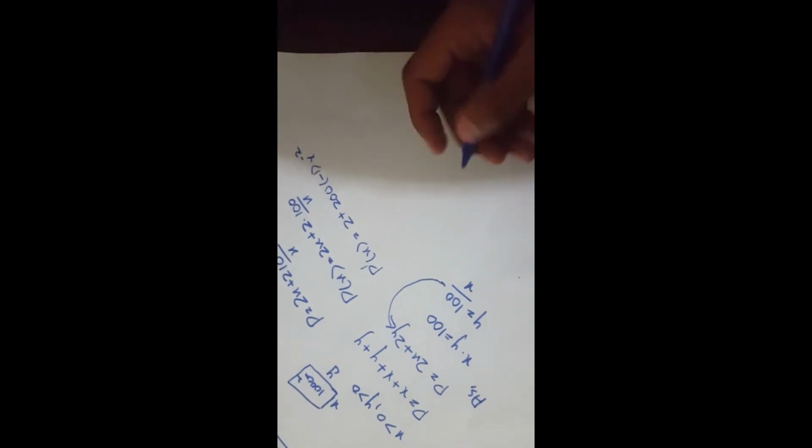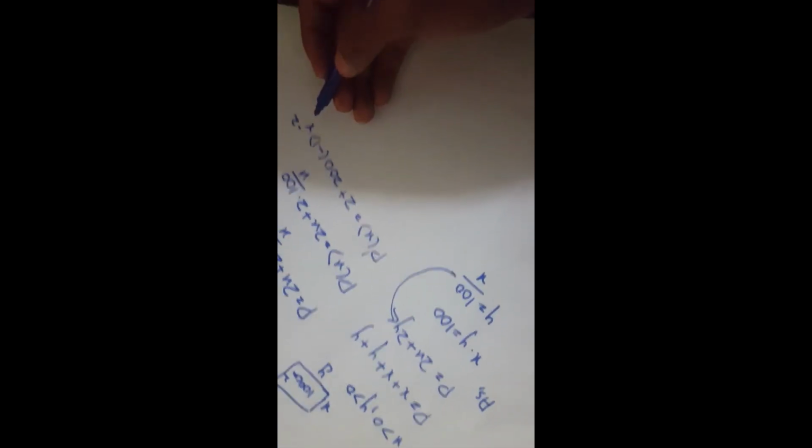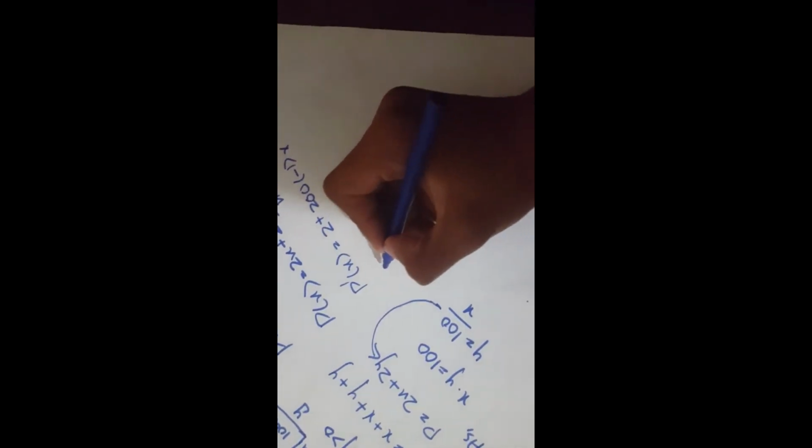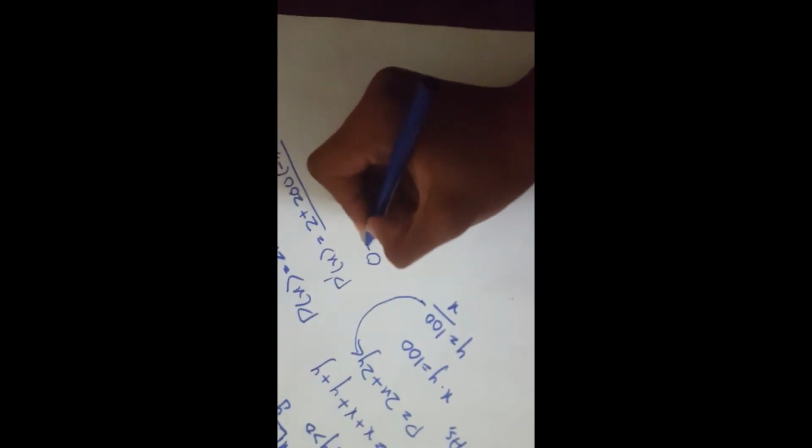Because this is the derivative, now we set this value equal to 0, which is 2 plus 200 times minus 1 times x to the power minus 2.